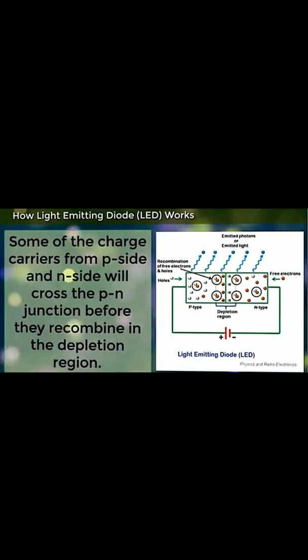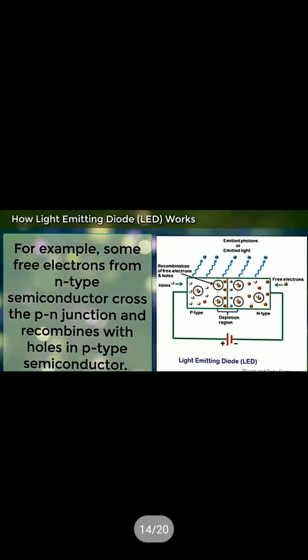For example, some free electrons from the n-type semiconductor cross the p-n junction and recombine with the holes in the p-type semiconductor, and similarly some of the free holes from the p-type semiconductor cross the p-n junction and recombine with the electrons in the n-type semiconductor.